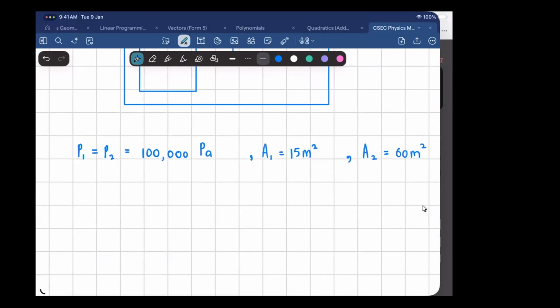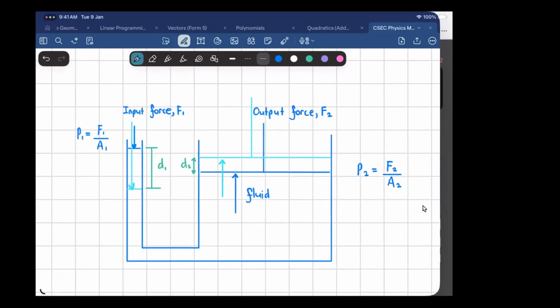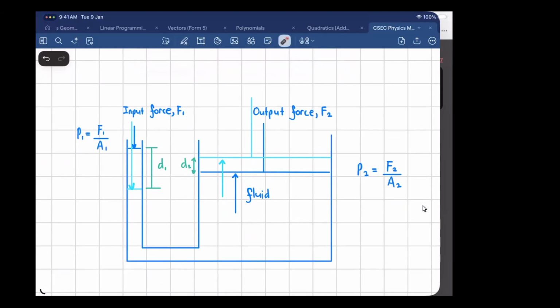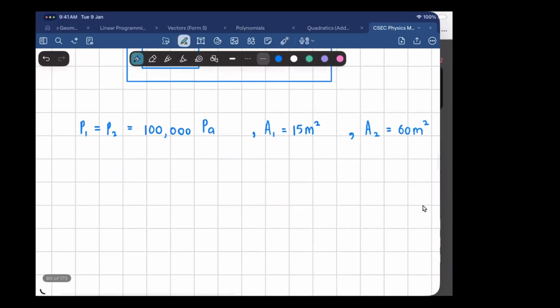So here what we're going to do is use these numbers to figure out the force that would be felt at the input and the output. Shayna, we are trying to figure out how much force we had to apply here, and the output force we'll feel. So P1 is equal to F1 all over A1.